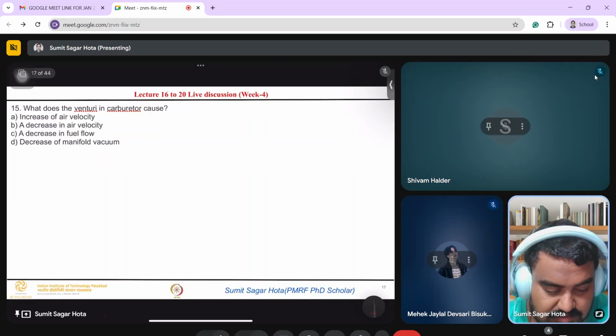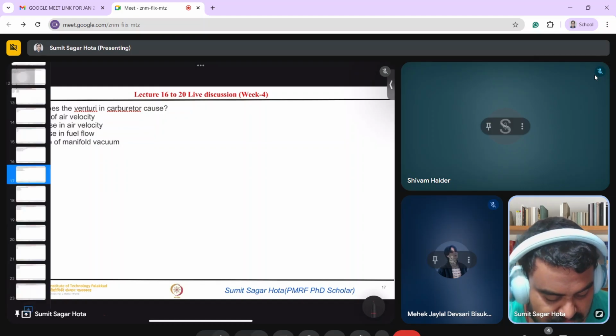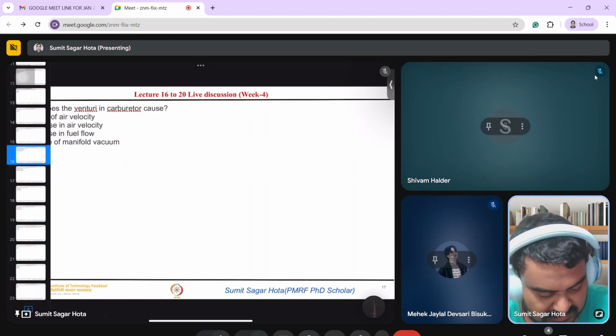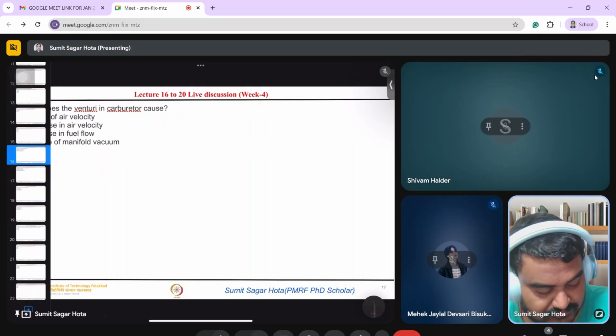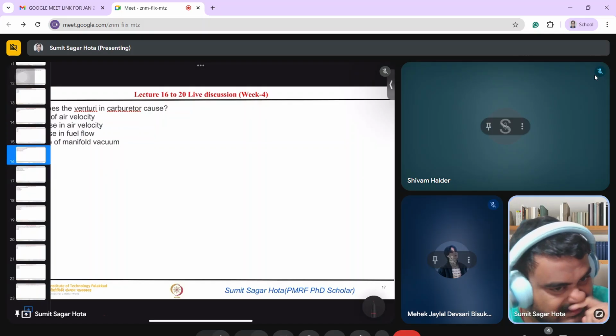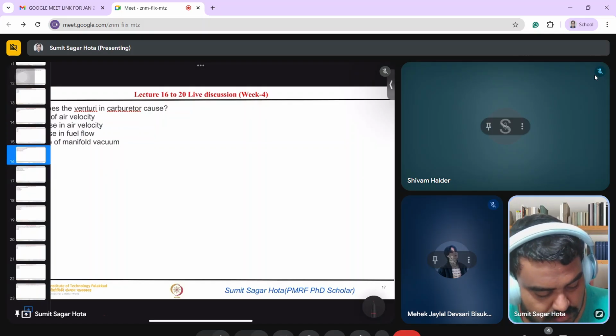And if you see, between the entrance of the carburetor and the venturi throat, in between that only we supply the fuel. Assume the throat is here.